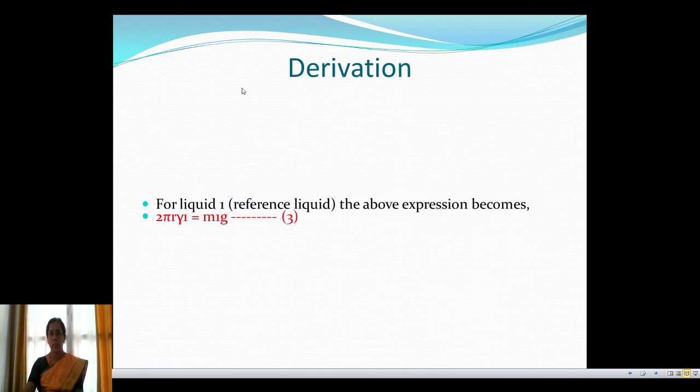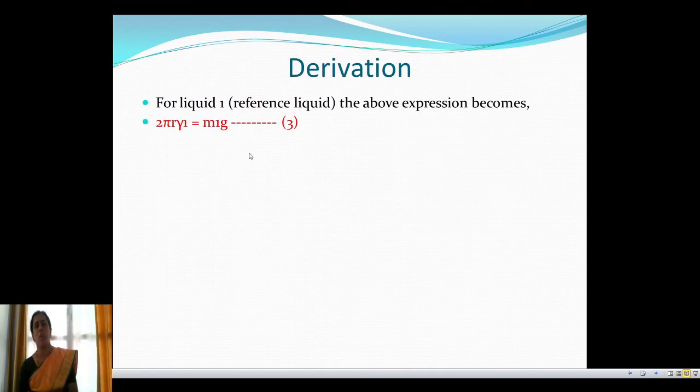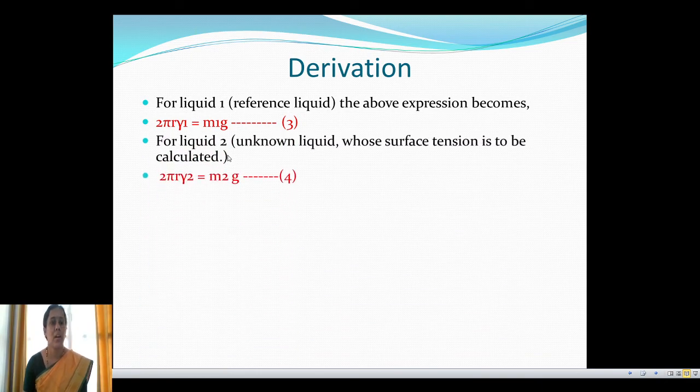Now, the actual derivation. We take liquid 1 as a reference liquid, whose surface tension we know. From the above equation, for liquid 1 it can be written as 2 pi r gamma 1 is equal to m1 into g.